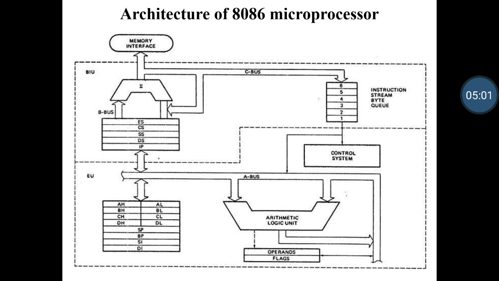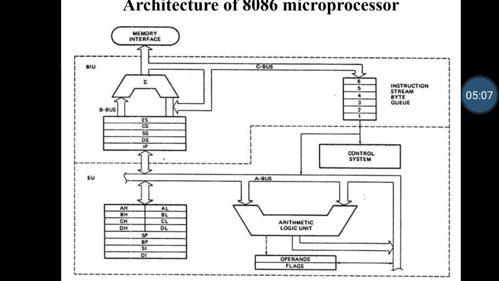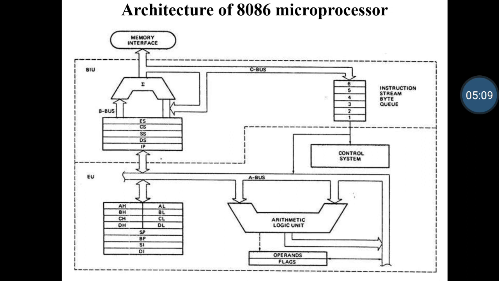Now we will study the architecture of the 8086 microprocessor. This figure shows you the architecture of 8086. The architecture of 8086 is divided into two parts. First is the BIU and second is the EU.